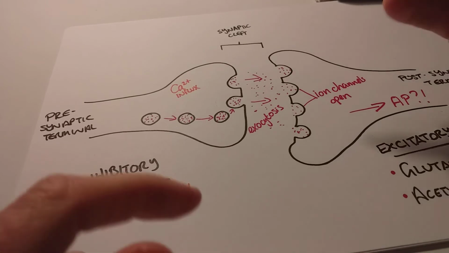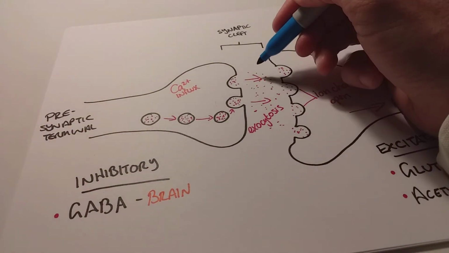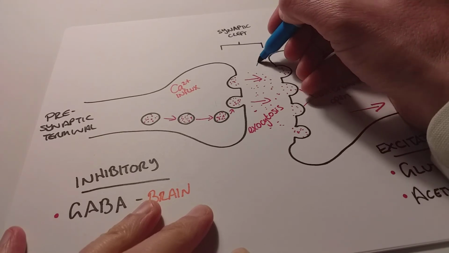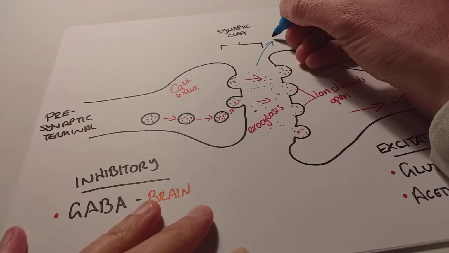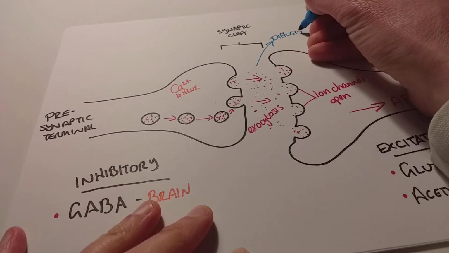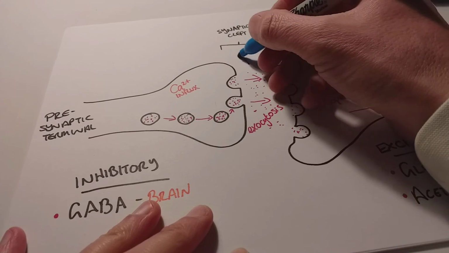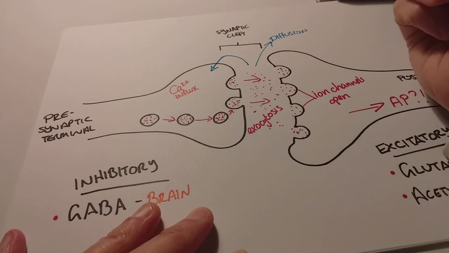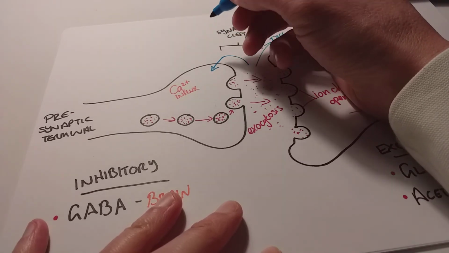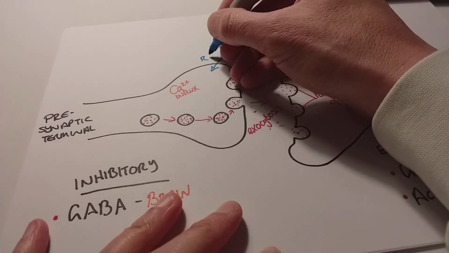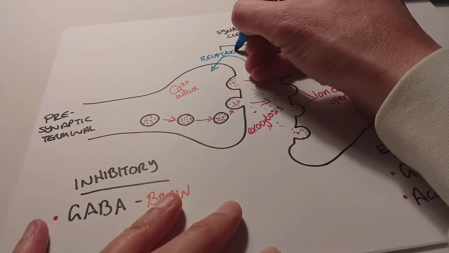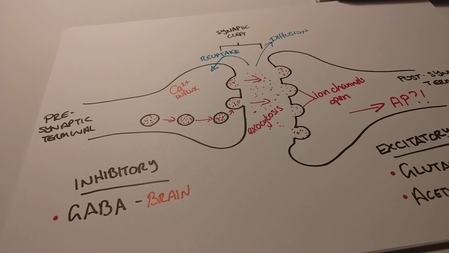If they're not all used, these neurotransmitters can either dissolve essentially via diffusion, or go back into the presynaptic terminal in a process called reuptake. And that is that.